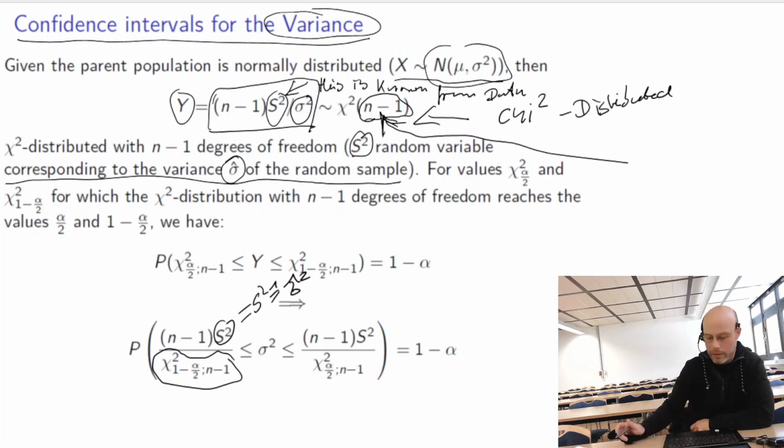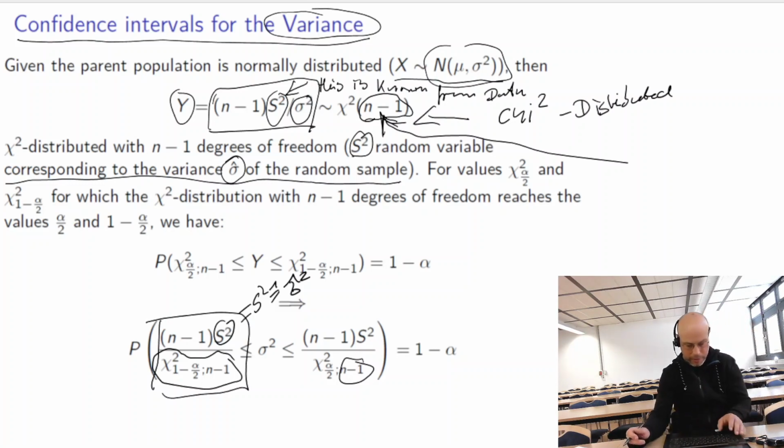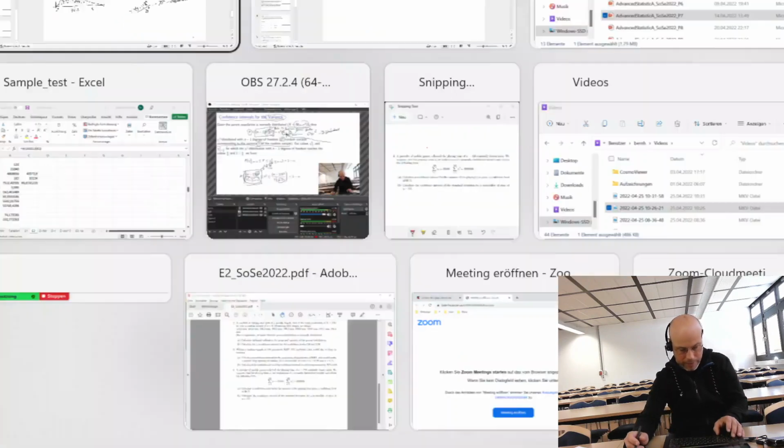that we look up the lower value of the chi-squared distribution, 1 minus alpha divided by 2, so 99.5%, and 0.5% with n minus 1 degrees of freedom. So we just have to calculate (n minus 1) sigma hat squared over chi squared 1 minus alpha, n minus 1.